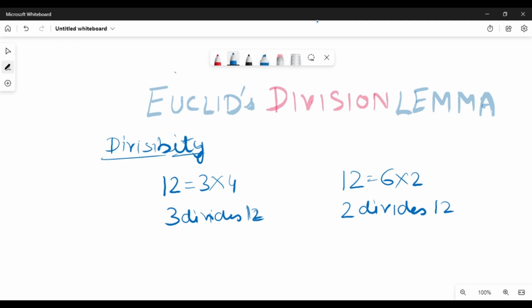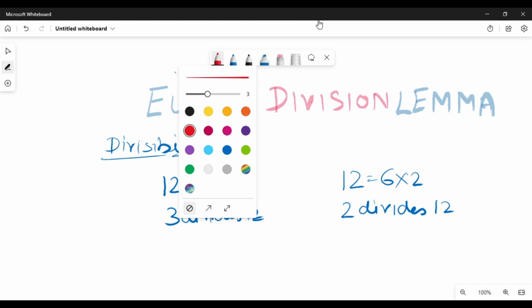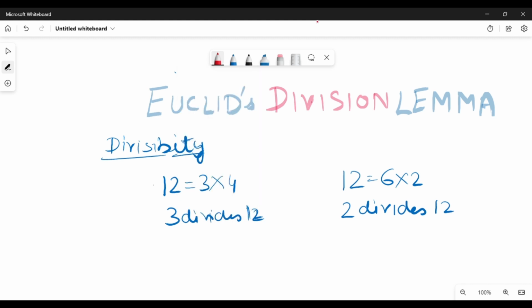Now, why does 3 divide 12 and why does 2 divide 12? 3 divides 12 only because of the existence of 4. Again, 2 divides 12 only because of the existence of 6.